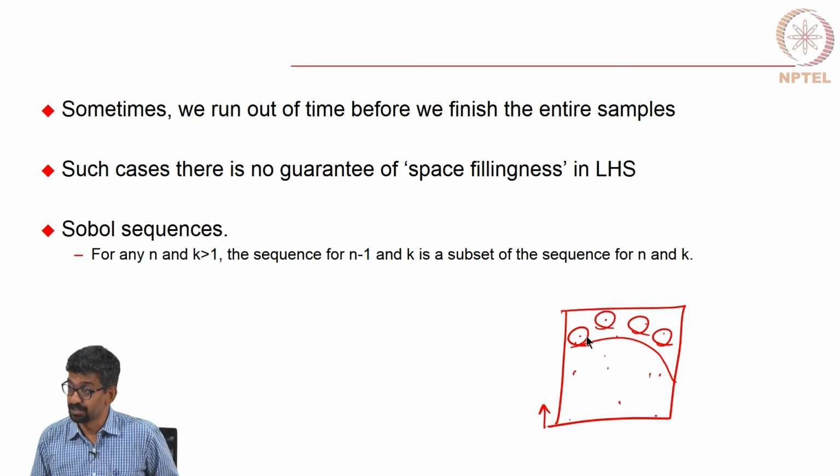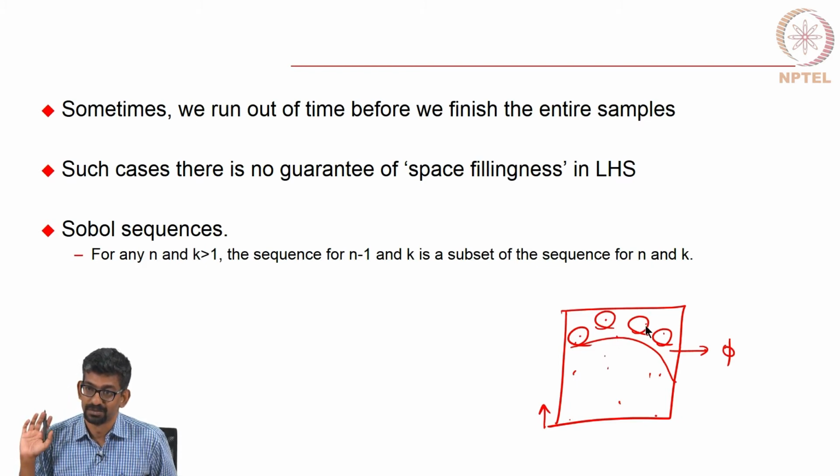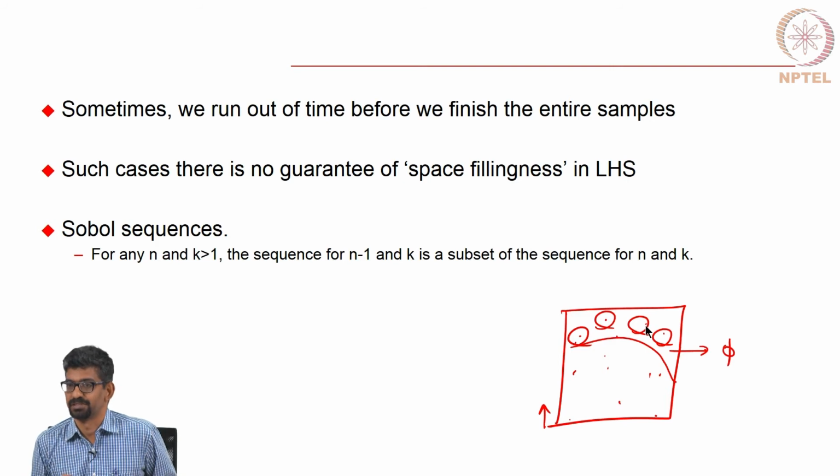There is a problem with LHS, because the criteria phi was generated based on all these points. Now, with this response you cannot make a wise decision, because they have actually taken these points into account, but you do not have the responses there. So, the space fillingness property is lost immediately. There is a problem with LHS.